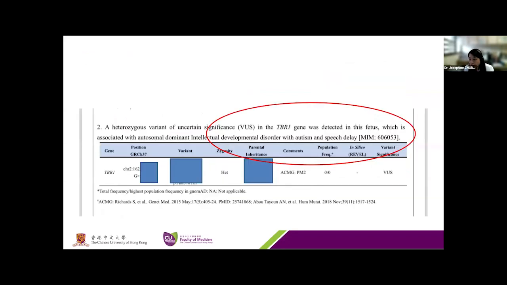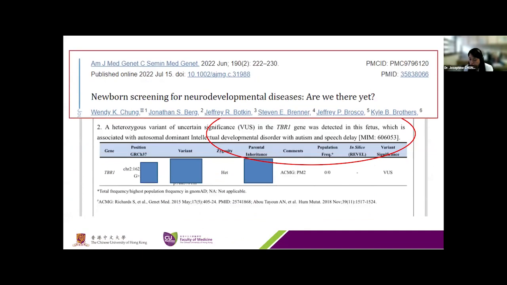But the genetic finding is so powerful that it also identified a variant in one of the genes, which may lead to autism and intellectual disability in future. With this variant of unknown significance, we may not know whether the brain cyst is related or not. We may not know about the long-term prognosis. In that case, only time can tell, because in these conditions we cannot do good functional testing.